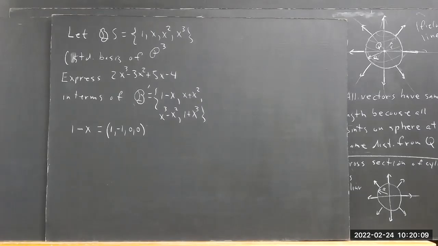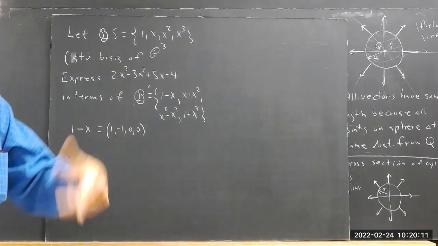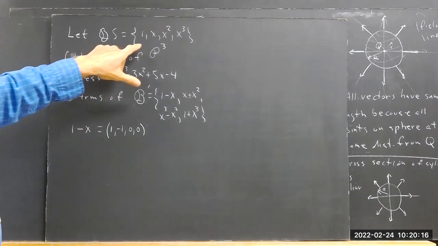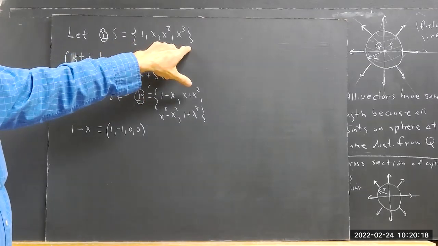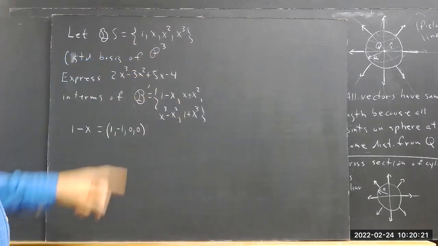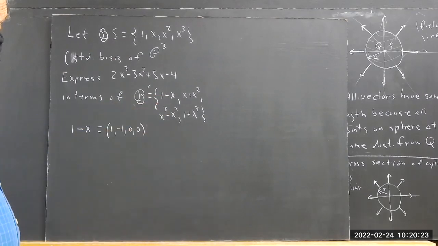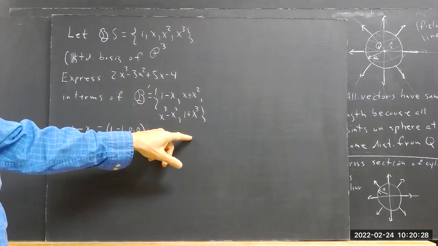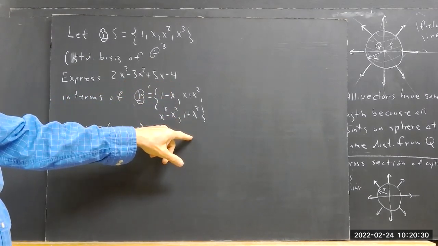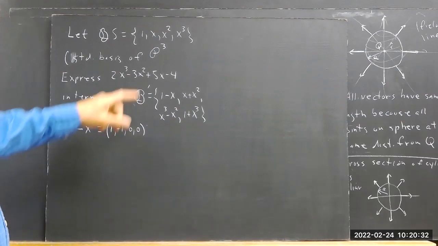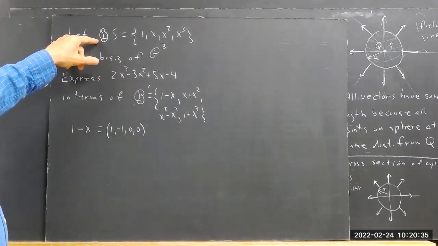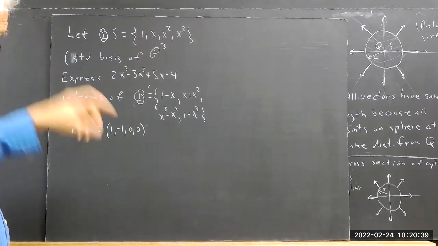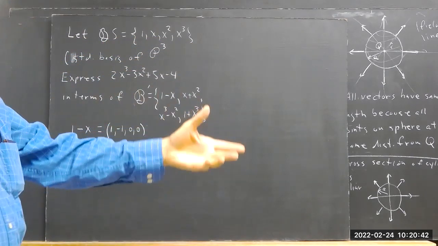Just to be sure, I might be repeating something that was on the video, but the standard basis for P3 is this. Here's an alternative basis for P3. We want to express this polynomial in terms of the alternative basis. Okay? Now, this can be written as a linear combination of the vectors in this basis as an ordered four tuple.